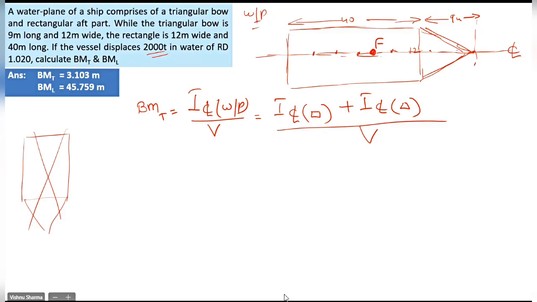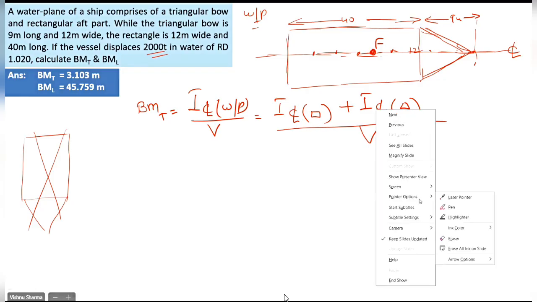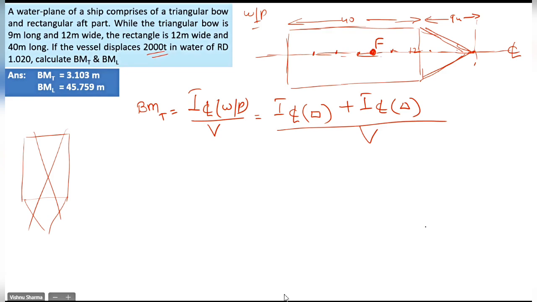Do you understand what I'm saying? So as far as rectangle is concerned, I'm not much worried. The triangle, I'm struggling to have a standard axis. In such case, what we will do is we will divide this triangle into two parts. Both are similar.